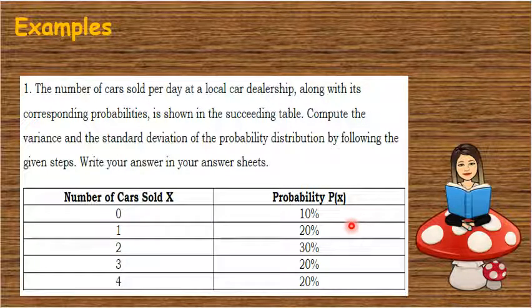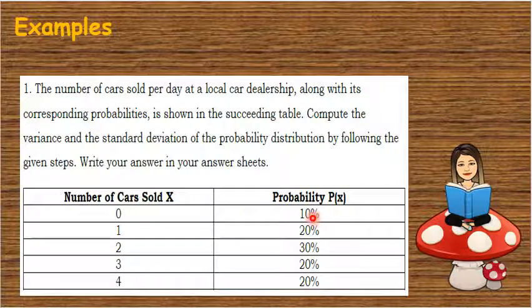So, kung manonotice nyo yung ating p of x ay in the form of percentage. So, naka-percent siya. So, kailangan natin muna silang i-change into decimal bago tayo mag-compute. So, kung maaalala nyo dun sa ating previous lesson, itinuro doon kung papaano convert ng percent to decimal.